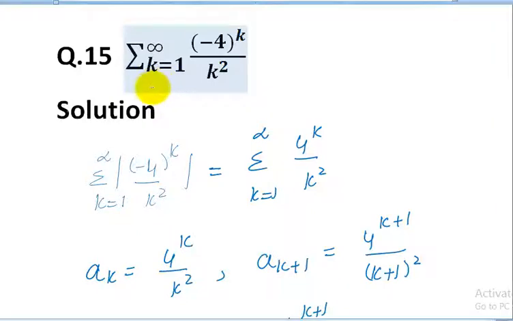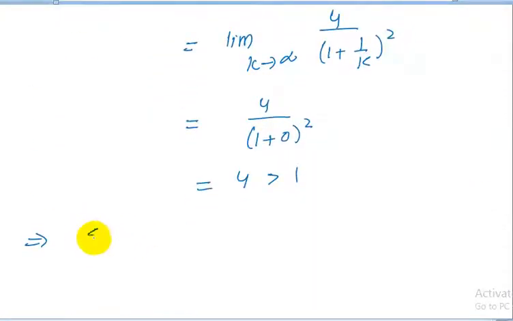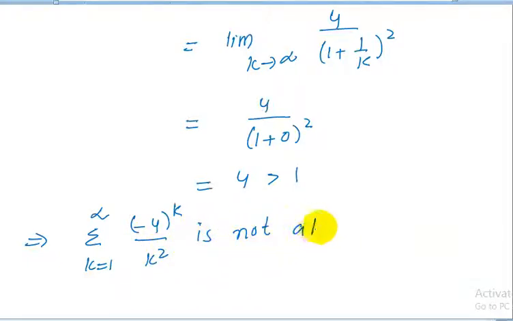That is, summation k starting from 1 to infinity of (-4)^k upon k square is not absolutely convergent.